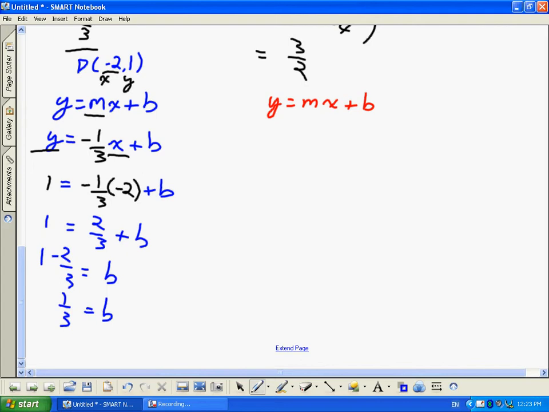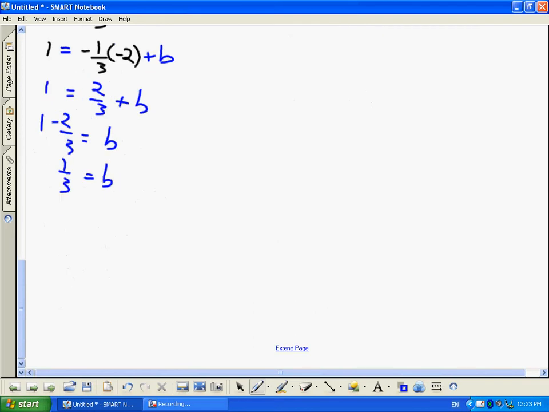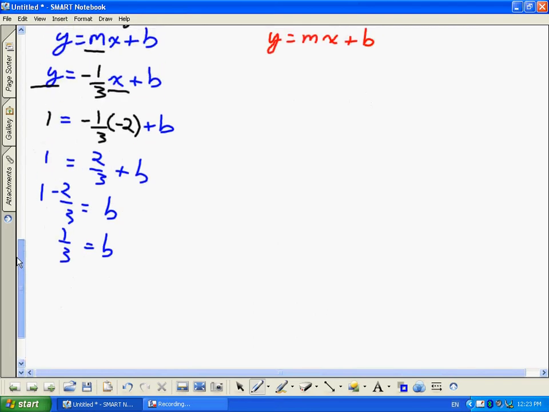We have our b, so I can actually have an equation of a line right now. We knew that the slope was negative 1 over 3, and I know that the y-intercept is positive 1 over 3. So y equals negative 1 over 3 x plus a third.